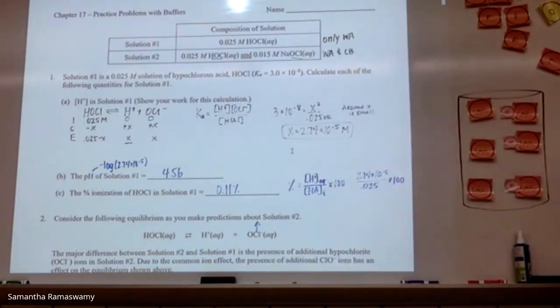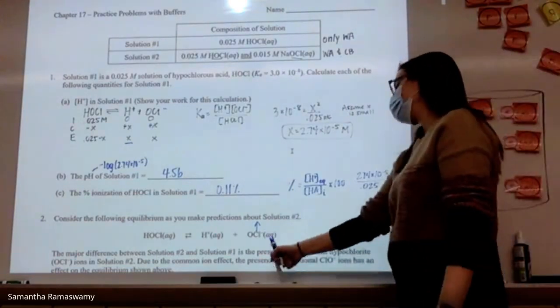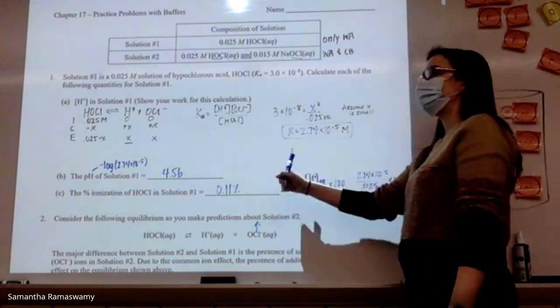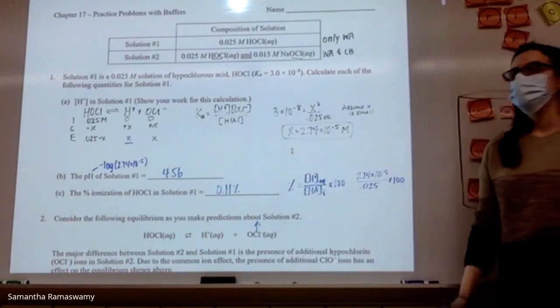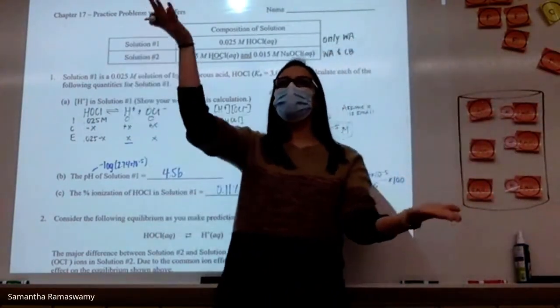Now if we have more OCl-, we have too many products. Which way is that going to cause the reaction to shift? Right, left, toward the reactants.